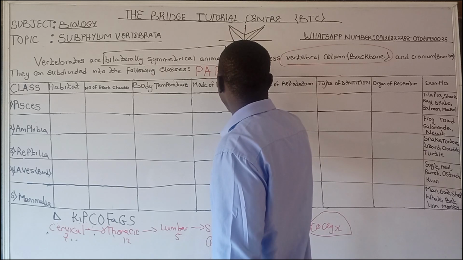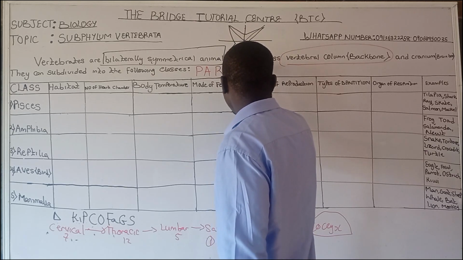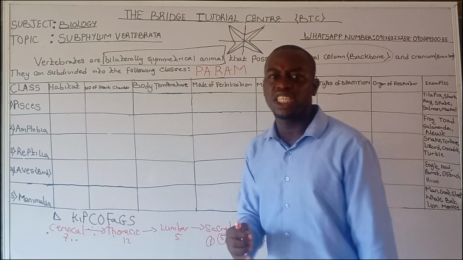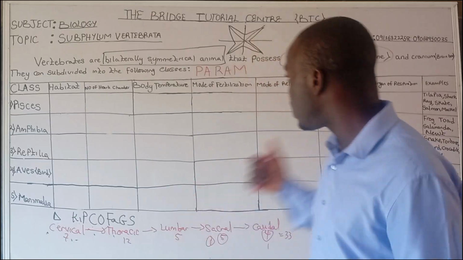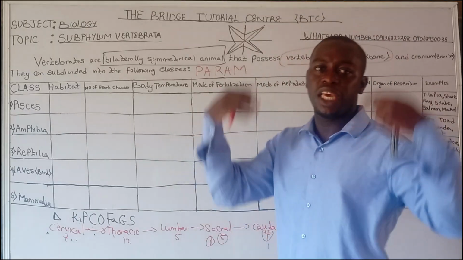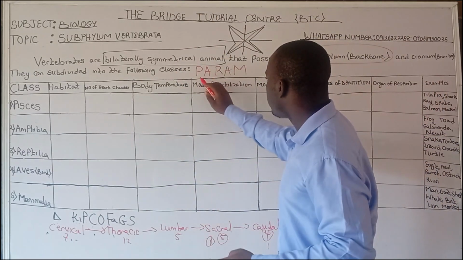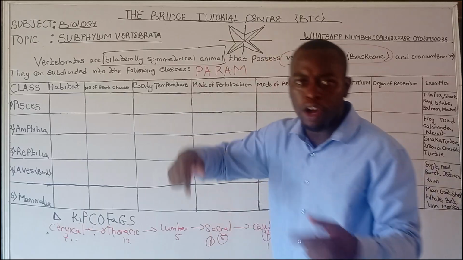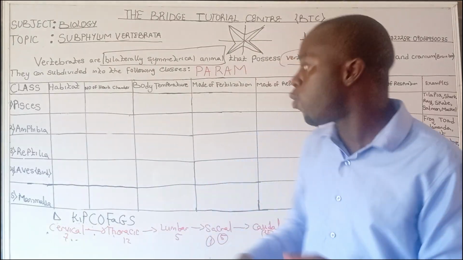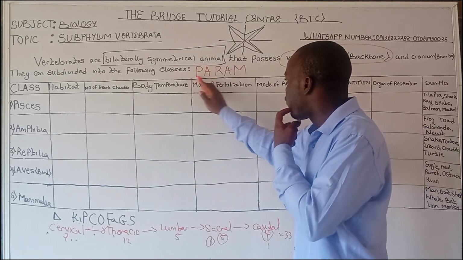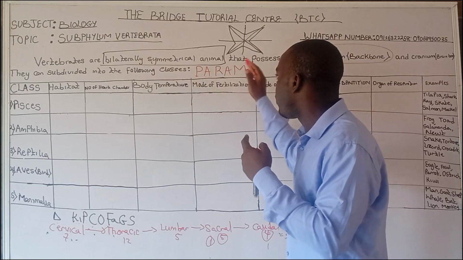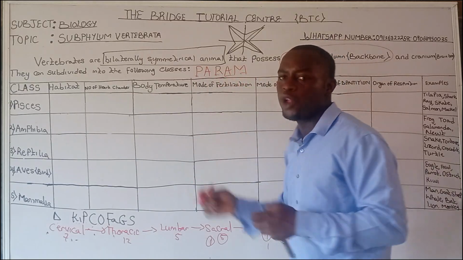I want us to memorize it like this. PARAM. Starting from the first one, which is the most primitive, and the second one is primitive, that is, it is ancient. You know. So from the most primitive to the modern one. So the most primitive you can see from the Pisces, the amphibian, the reptilia, the Aves, and the mammalia.